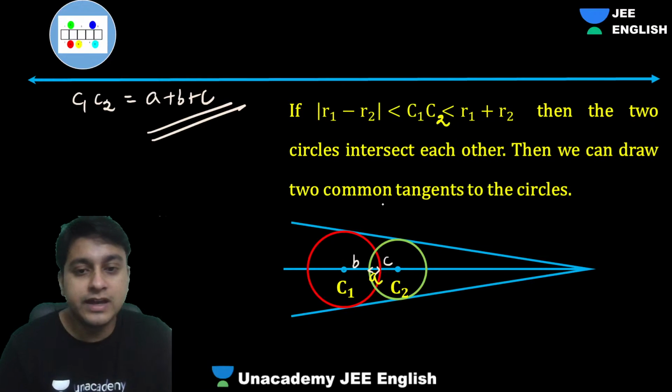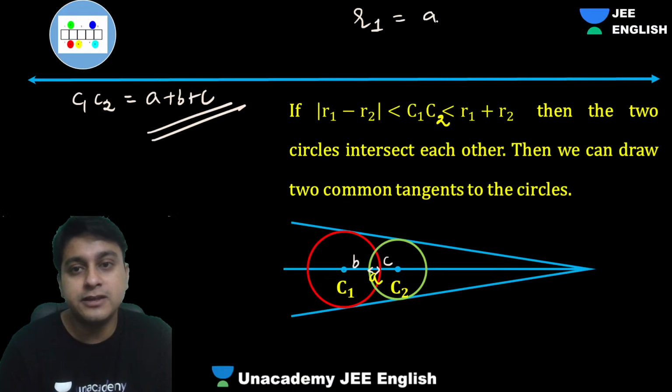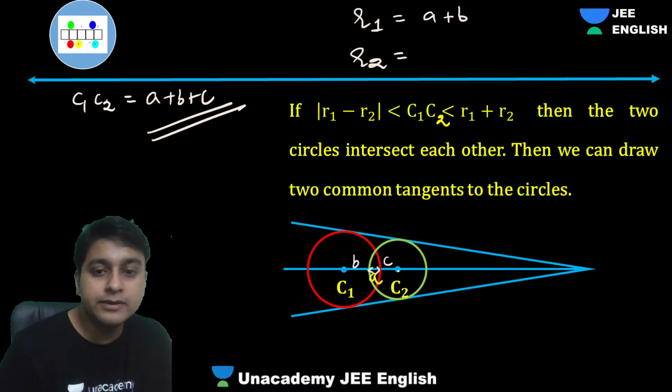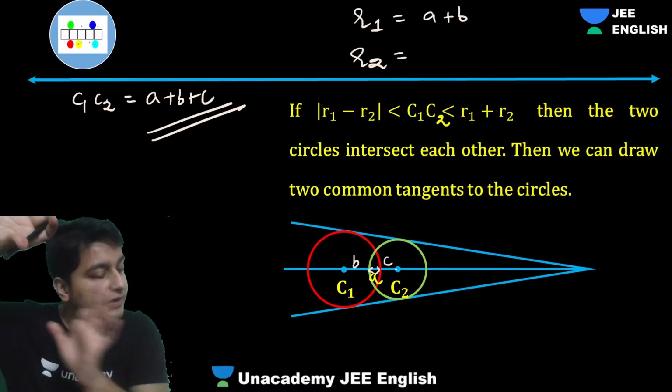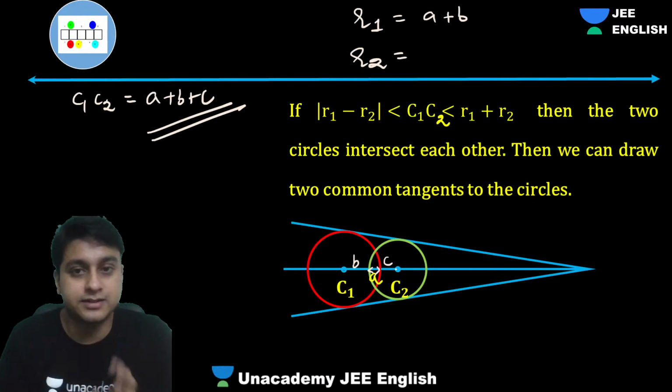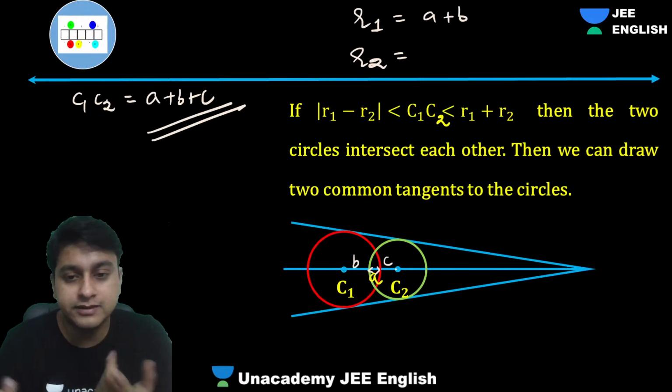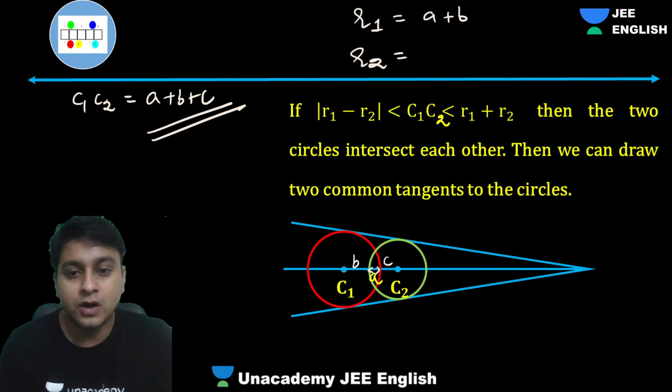So we can say that radius R1 will be A plus B. And what is R2? We have to compare between R1 plus R2 and R1 minus R2. If we get that, it's more than sufficient. So R2 will be how much, guys? Can I say this will be A plus C? Absolutely.